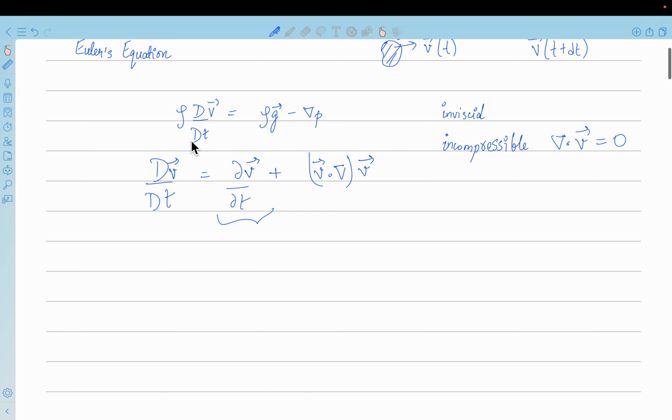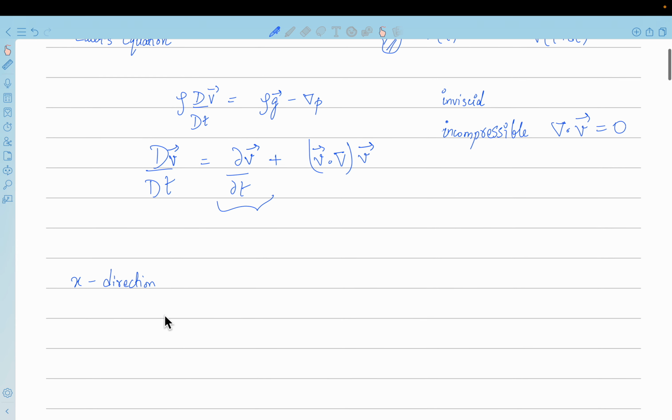So now you can write this equation in the x, y and z directions. Let me write only in the x direction for you, and the rest follows automatically. In the x direction we can write rho, d by dt of velocity. v is actually having three components, u, v, w, right?